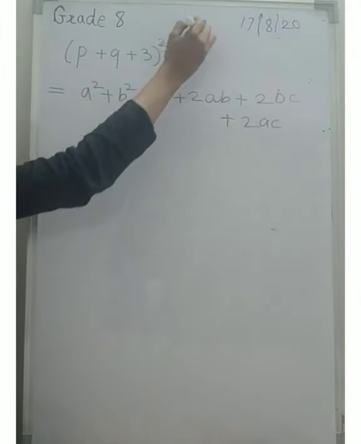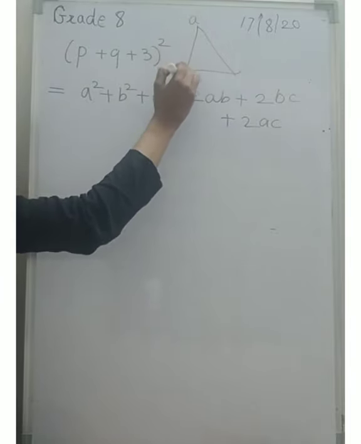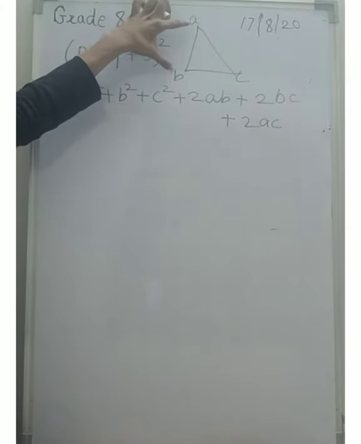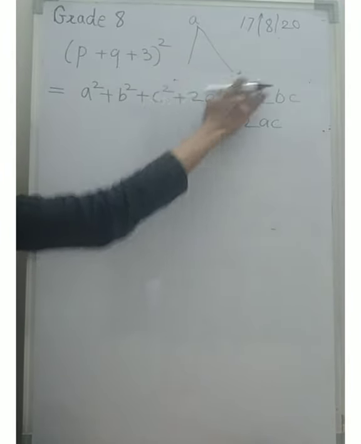You can remember it like a triangle: if this is a, b and c, then you write 2 times ab, 2 times bc and 2 times ac.